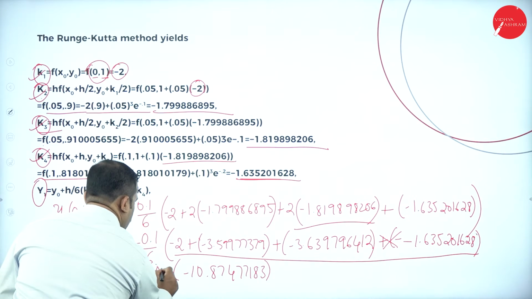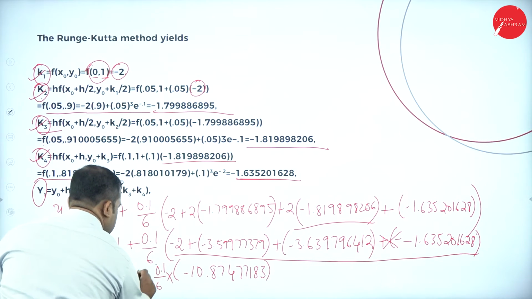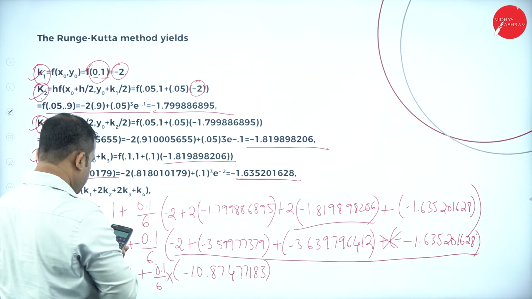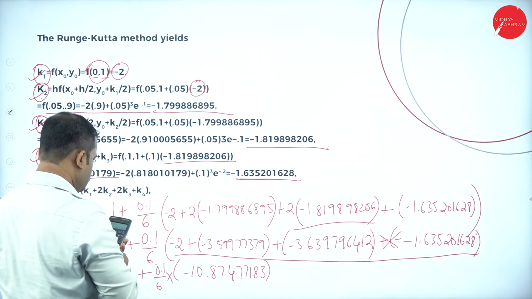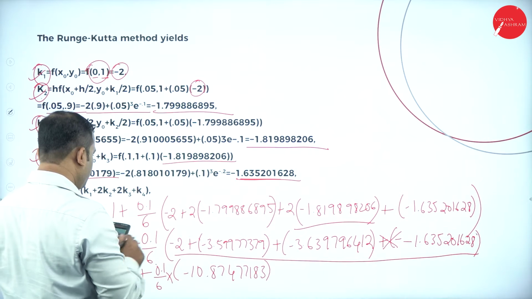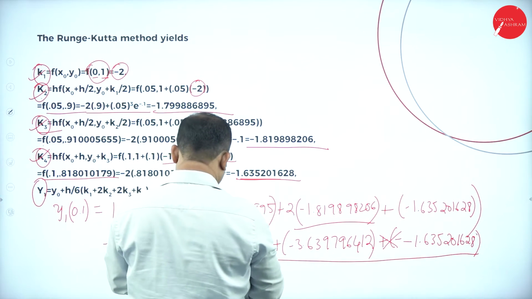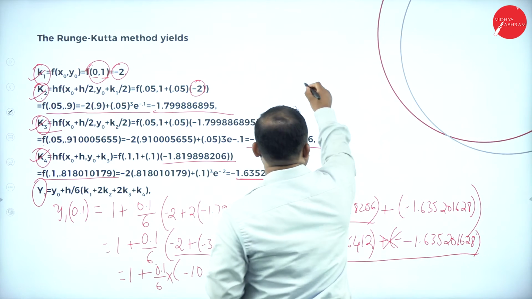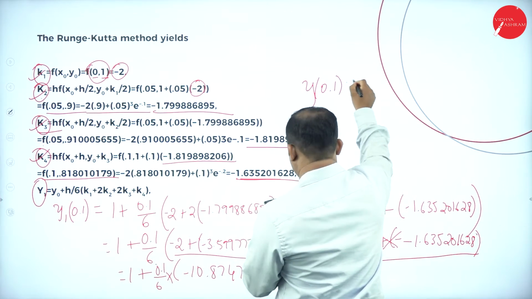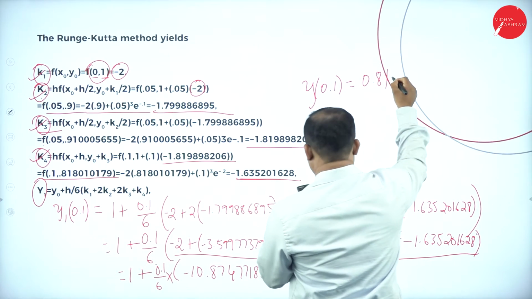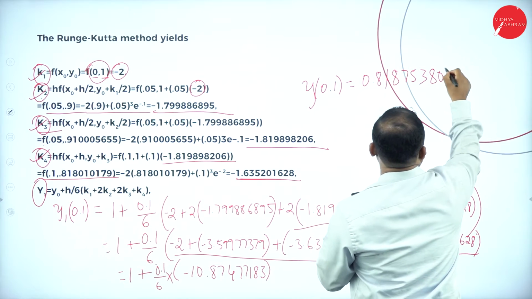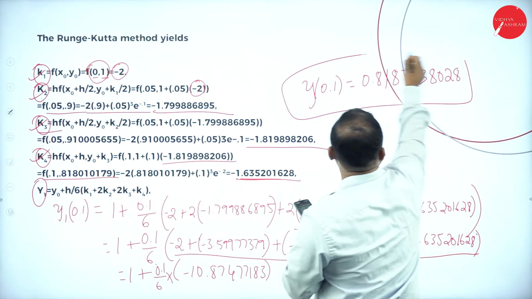That is 0.1 divided by 6 into this plus 1. If I further simplify this, that has to be multiplied by 0.1 and divided by 6 to get the value of this plus 1. That is y of 0.1 is equal to 0.8187538028. This is the value of y of 0.1.